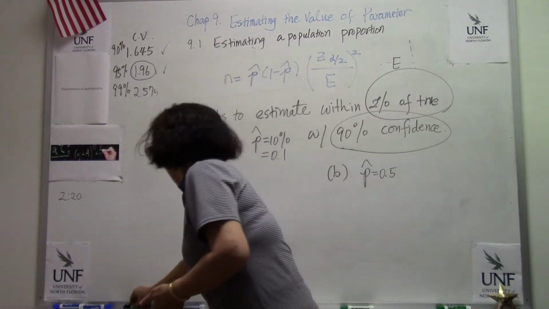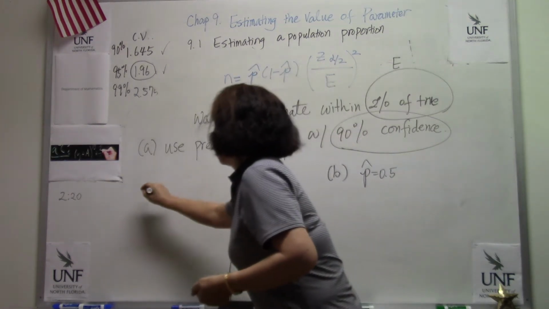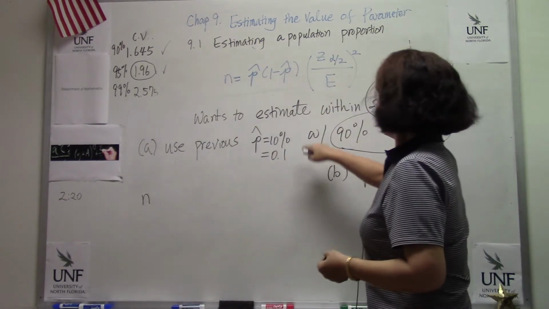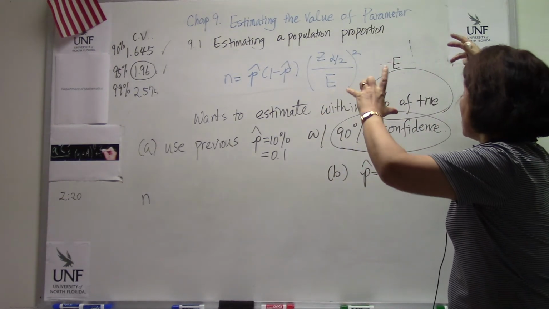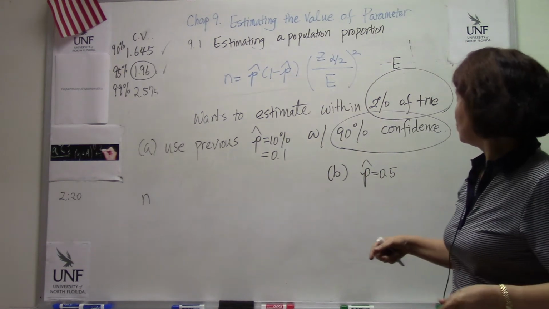So let's see. In order to achieve this goal, the economist wants to estimate within 2% of the true population.